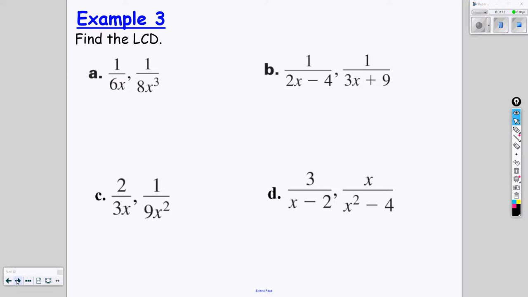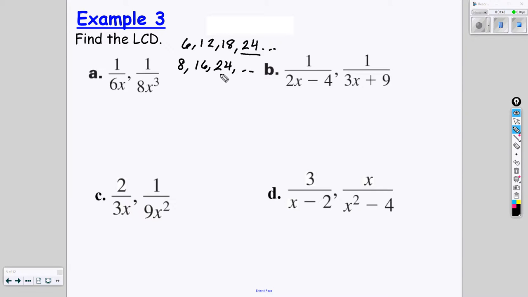Alright, so let's get into the first one where we're just going to find the least common denominator. One way to find the least common denominator is to look at the multiples. Just looking at 6 and 8 first, the multiples of 6 would be 12, 18, 24, and so on. And the multiples of 8 would be 16, 24, and so on.